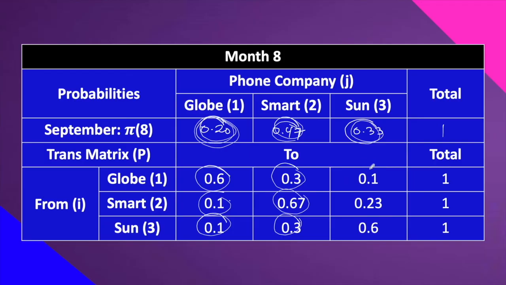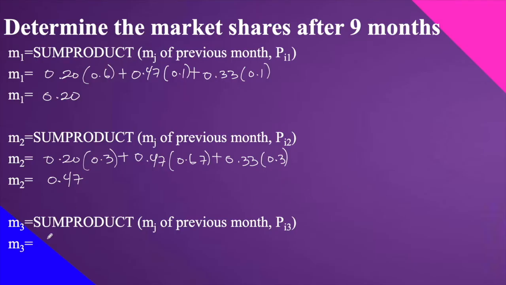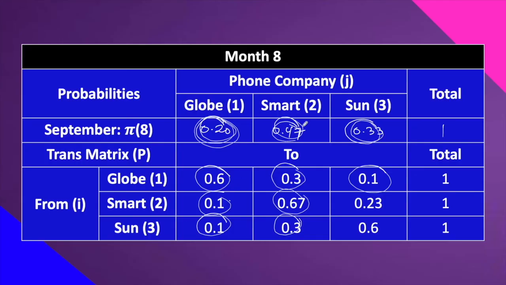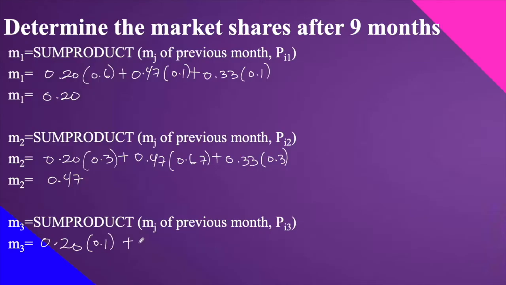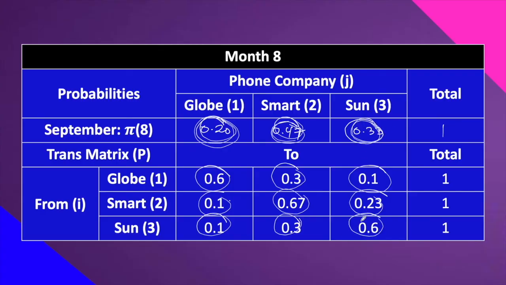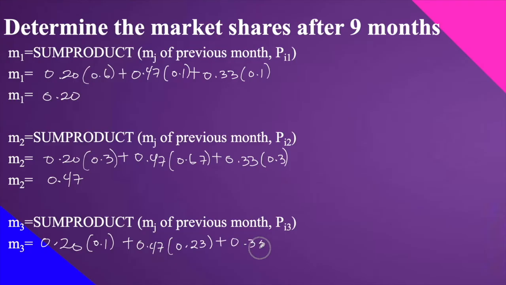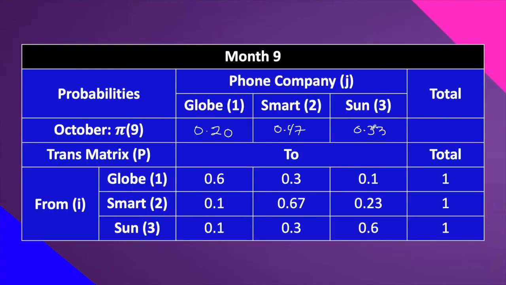So, let's have 0.20 times 0.1 plus 0.47 times 0.23 plus 0.33 times 0.6. Okay? This is equivalent to 0.33 or 33% market share for Sun, no, at the end of 9 months. And this is equivalent to 1.